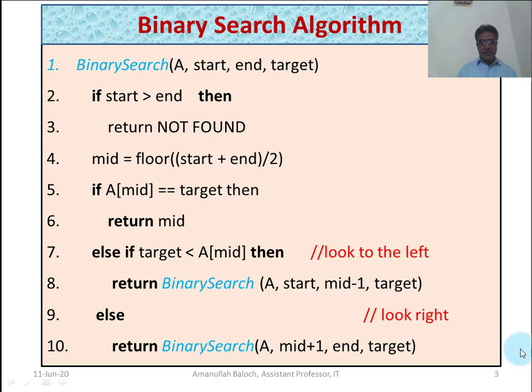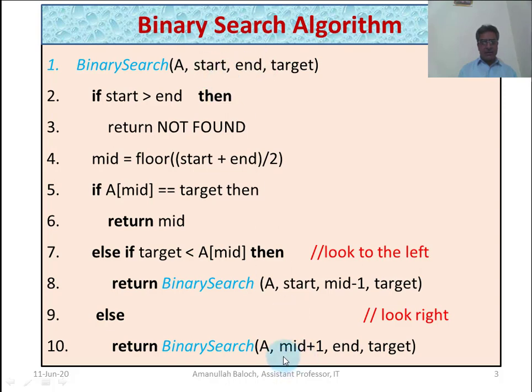That index will be returned, and the target value will also be sent to binary search for calling it again. And if the target value is greater than A of mid, then it will jump to the else section of the if statement, and here binary search will be called, and the next half of the array will be sent to this binary search algorithm.